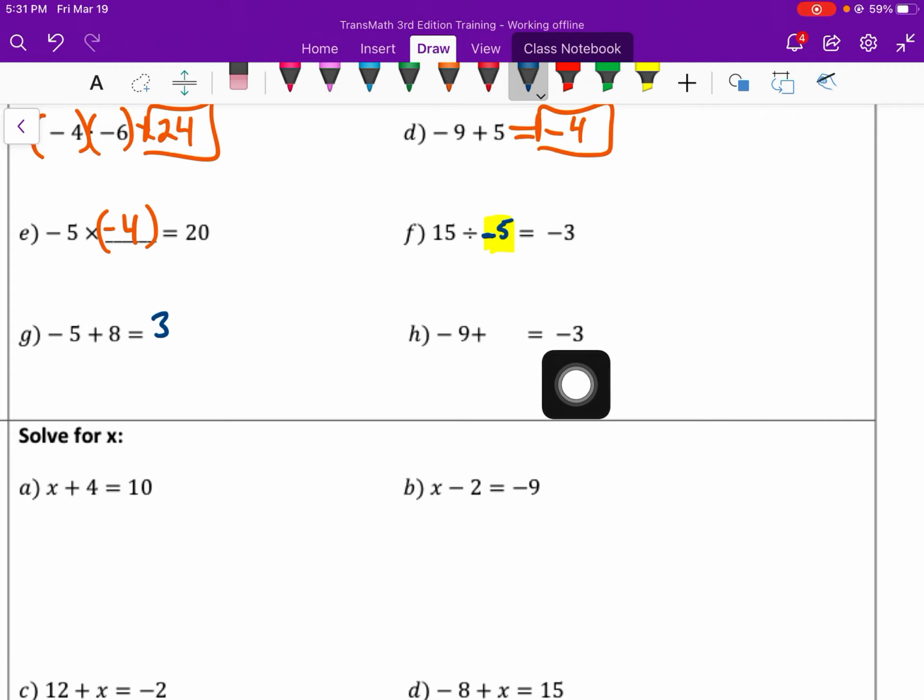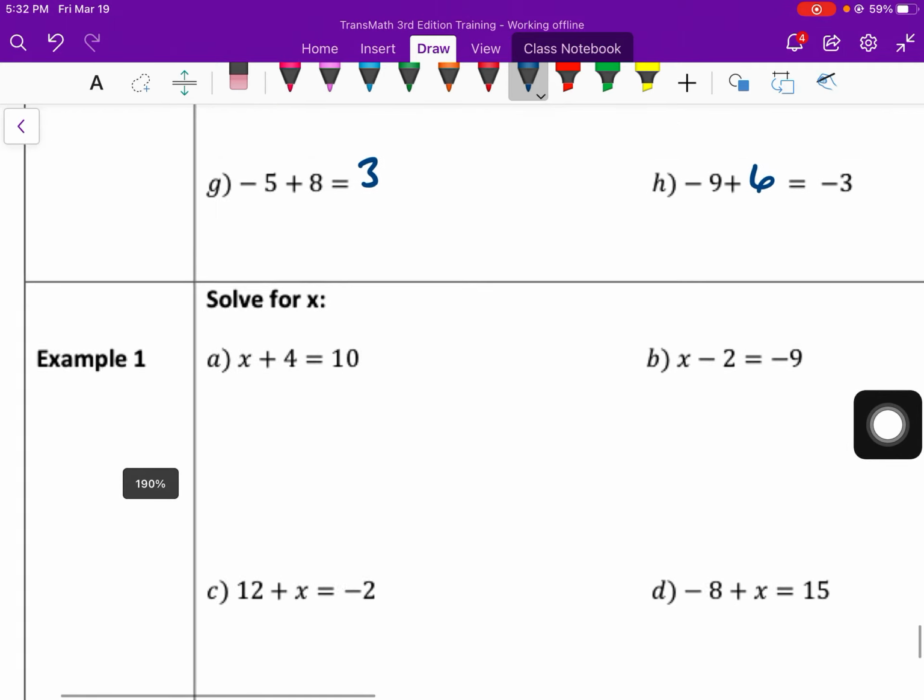So to get from -9 to -3, we would have to go a +6. So the difference between -9 and -3 is just 6. And the difference between -9 and 6 would be -3. That's kind of how we would want to think about that one.